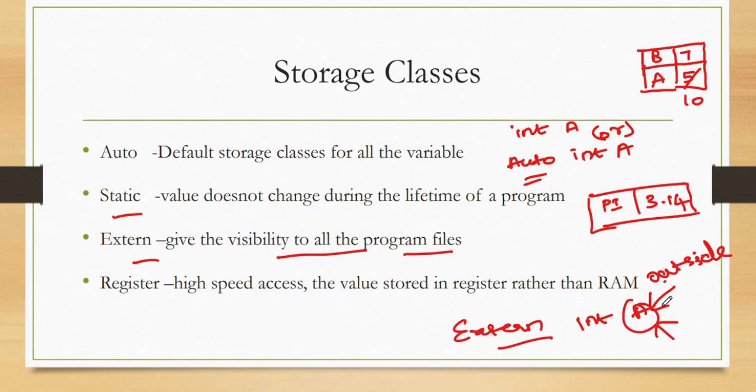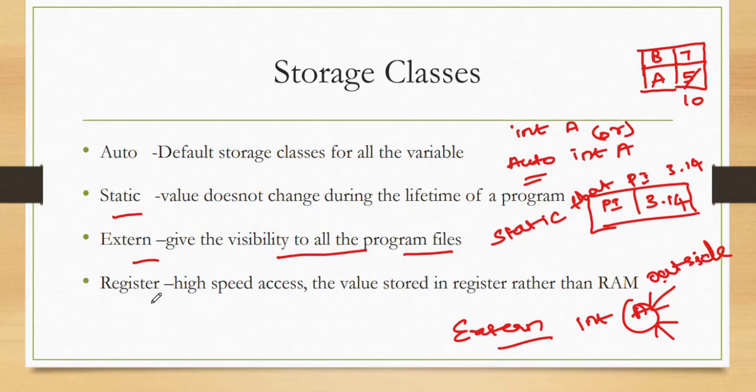That is called extern. Static means it is a constant, so if I declare static float pi 3.14, then the value does not change during the lifetime of a program. And extern means give the visibility to all the program files.